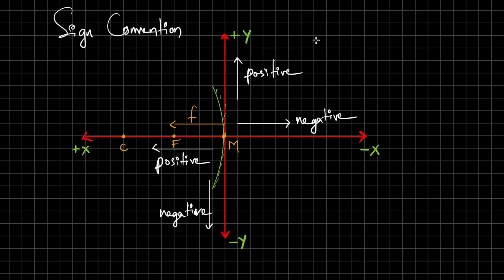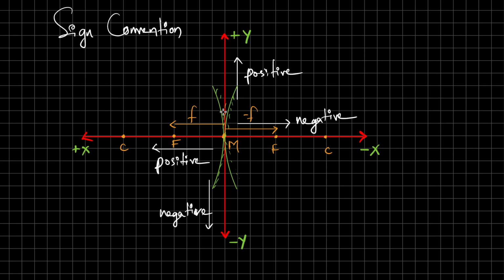What about convex mirror? So let's draw a convex mirror. For a convex mirror, focal point is on the right hand side. So that's a focal point, and that's the center of curvature. So the focal length is the distance from the pole to the focal point. We measure it towards right. So the focal length is going to be negative for a convex mirror. Same for the radius.